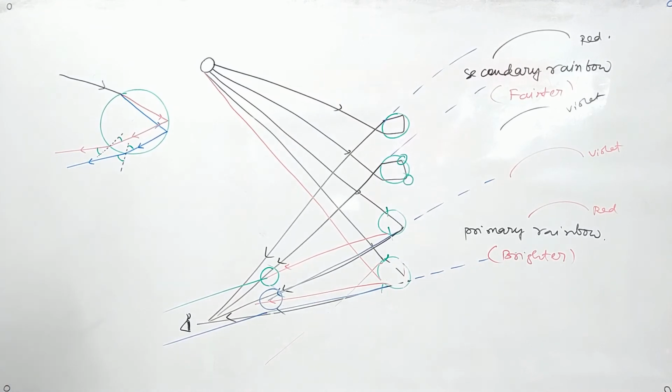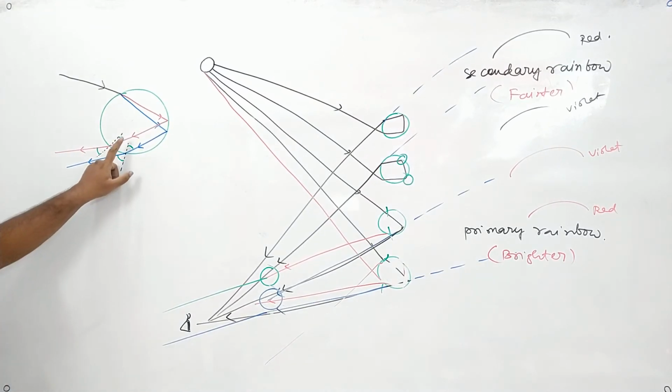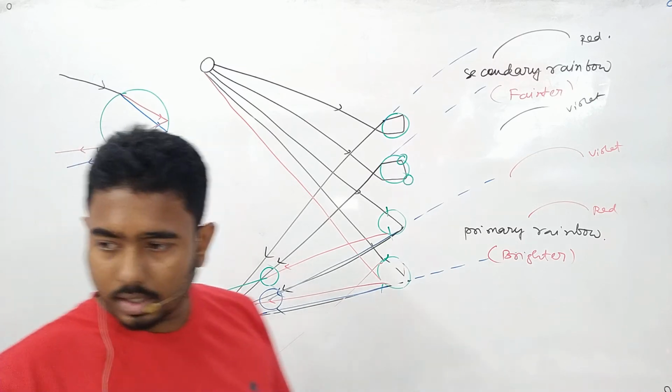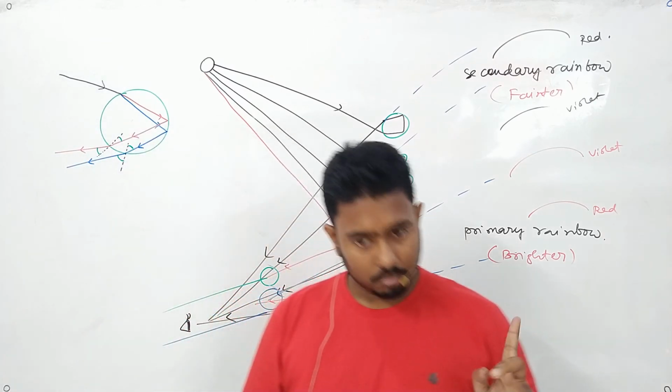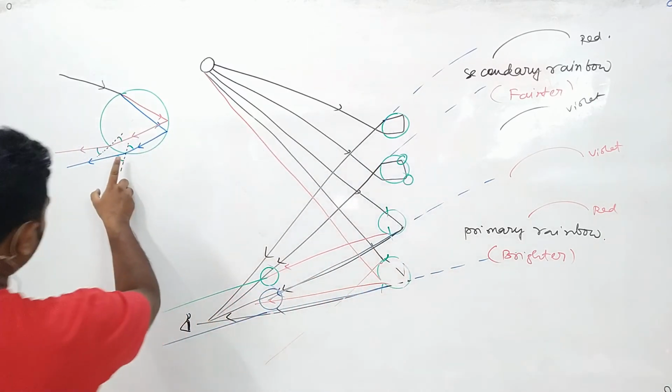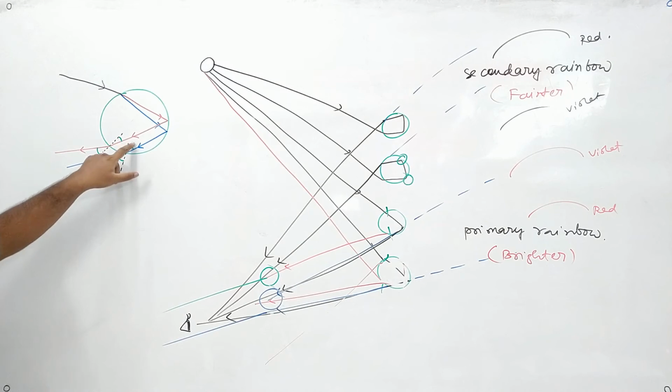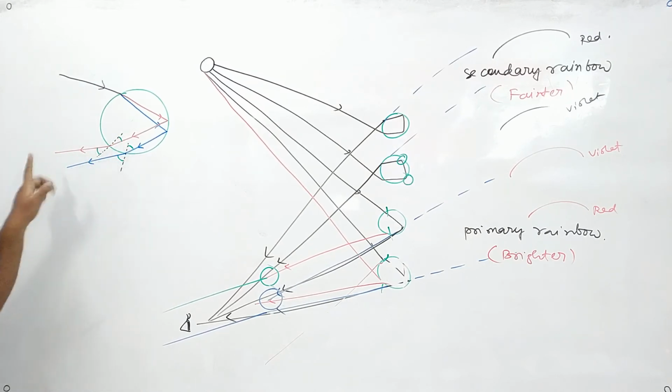See, it looks as if the difference in the angle is more in case of red, but it should not be. Violet will bend more, right? The red will not bend more, the violet will bend more. That means the ray that I have drawn as violet is not drawn properly, because this change looks almost similar, but this one is less, this one is more, so there is a difference here.